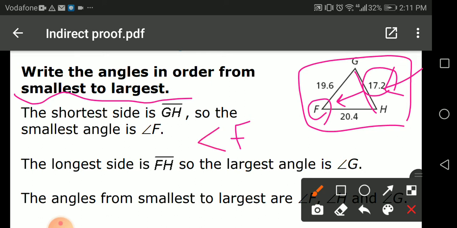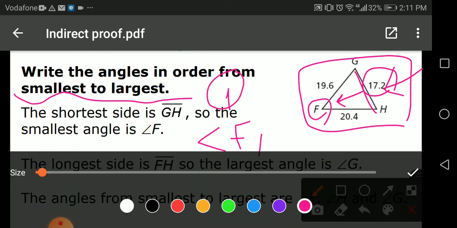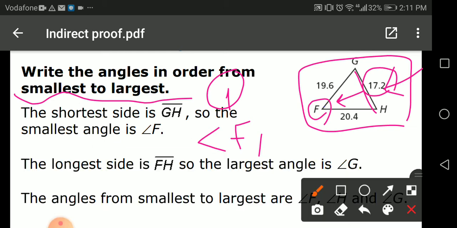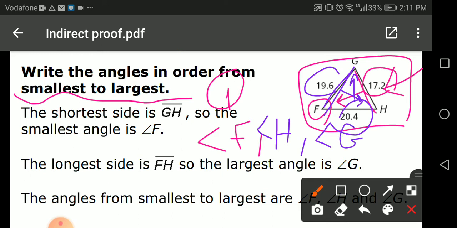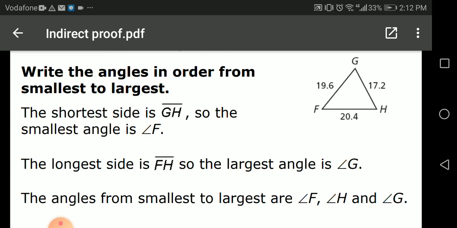He asks me to order from smallest to largest, so this is the first. Then comes side FG, 19.6, facing angle H, so angle H comes next. Then we have 20.4 facing angle G. So F, then H, then G. Okay?